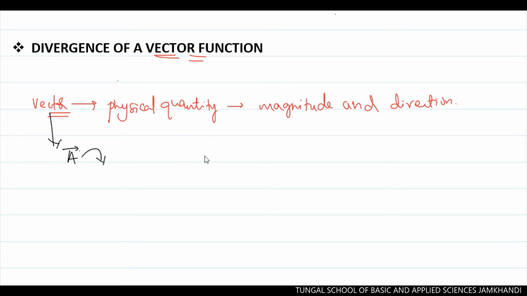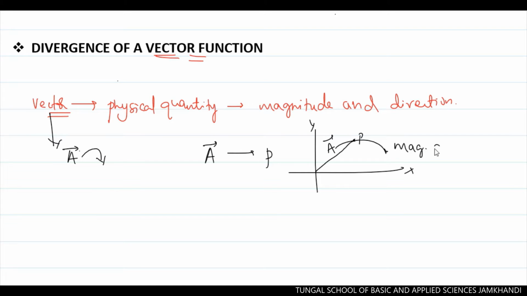If I define a vector A at a point P in a Cartesian coordinate system, then it should have magnitude and direction along that system where it is lying. Means that a vector is a function of positions, that is x, y, z in the Cartesian coordinate system.